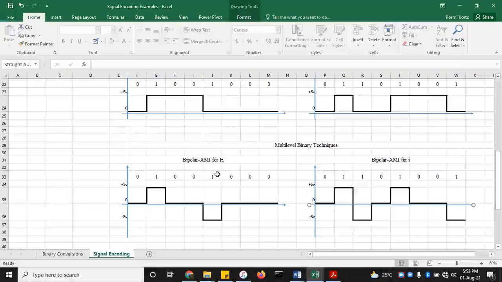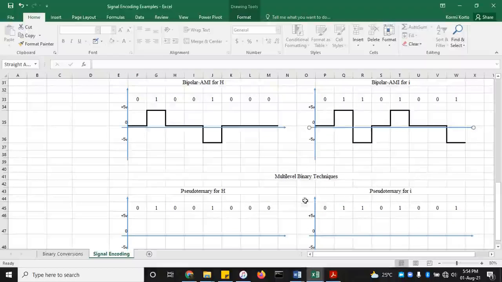For the bipolar, under the multi-level binary, you're only alternating on the ones, and zeros are always going to be in a level voltage pulse state, whereas the ones alternate between positive high voltage pulses and negative high voltage pulses. Do you know what I mean? So a -5 would be a high negative, and a +5 would be a high positive.